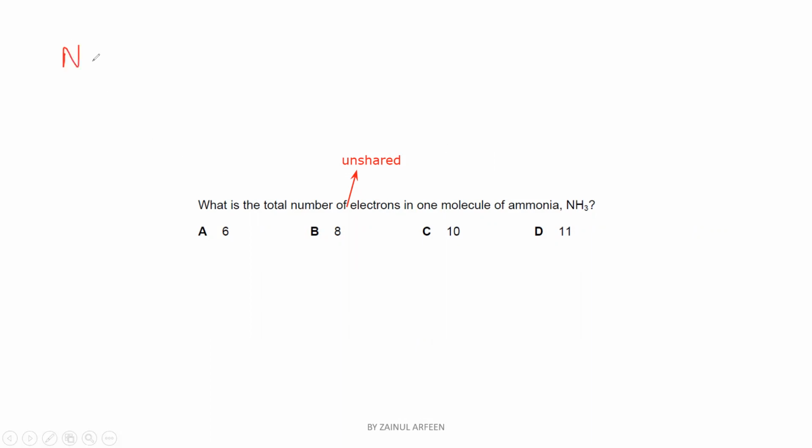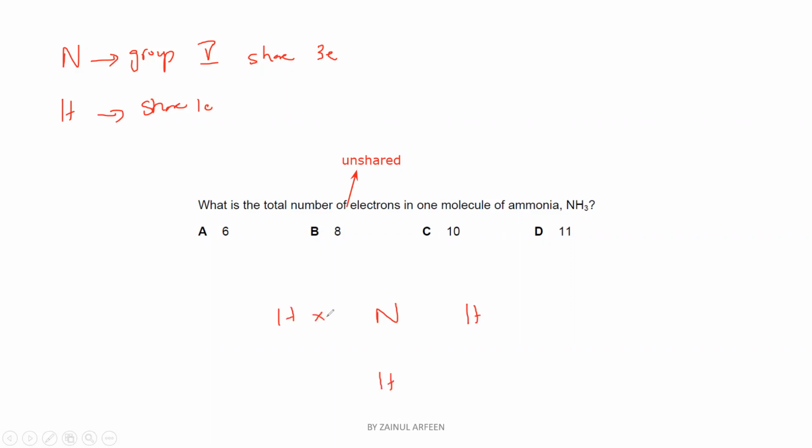So nitrogen belongs to group 5. So it will share 3 electrons. And hydrogen, it is not specified, but it will always share 1 electron. So we'll draw the structure of ammonia NH3, nitrogen surrounded by hydrogen.